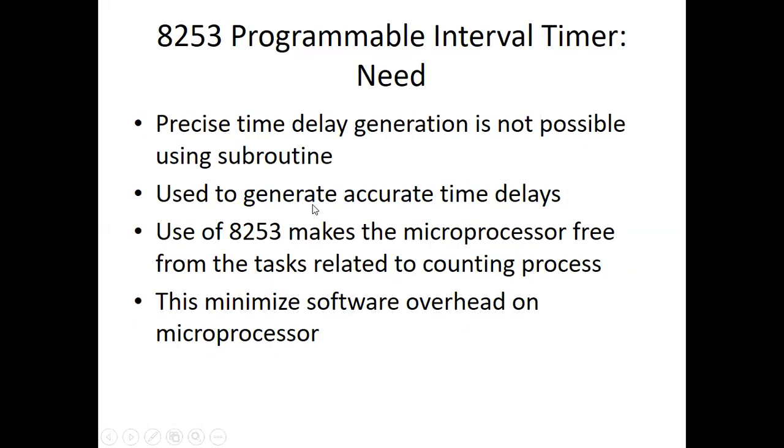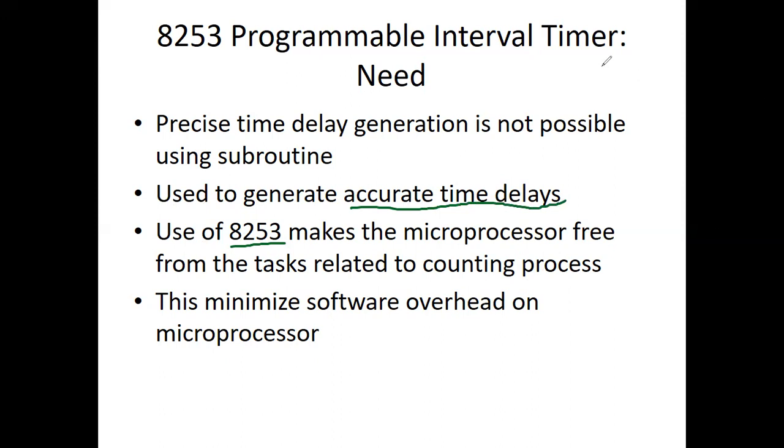Basically, we use a subroutine for the generation of delay, but that is not very precise. That's why we prefer the 8253. By using this 8253, it is possible to generate accurate time delay.